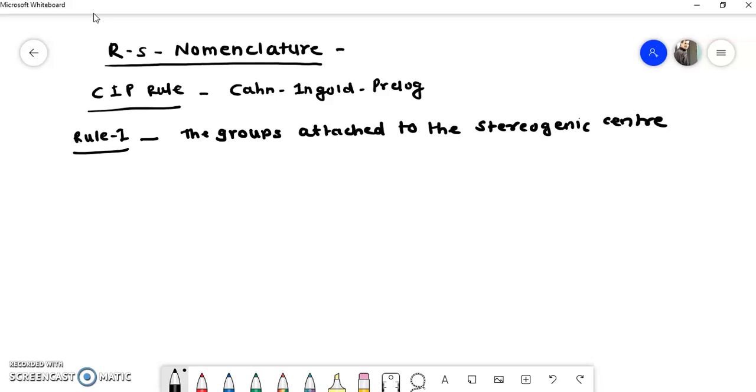What is a stereogenic center? A stereogenic center means a carbon which is attached to four different groups.